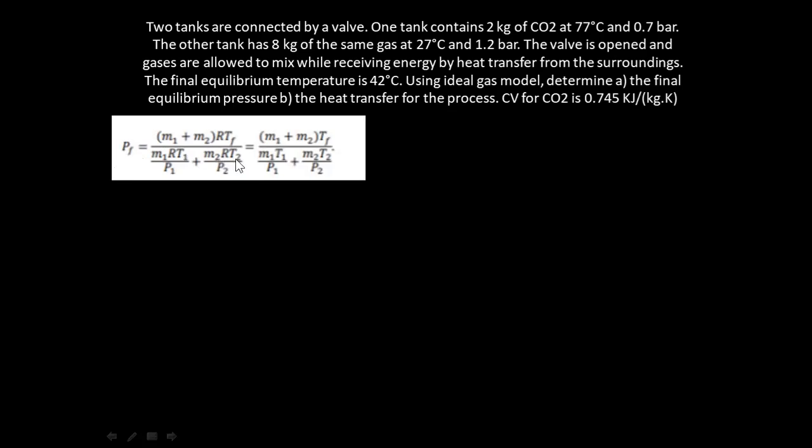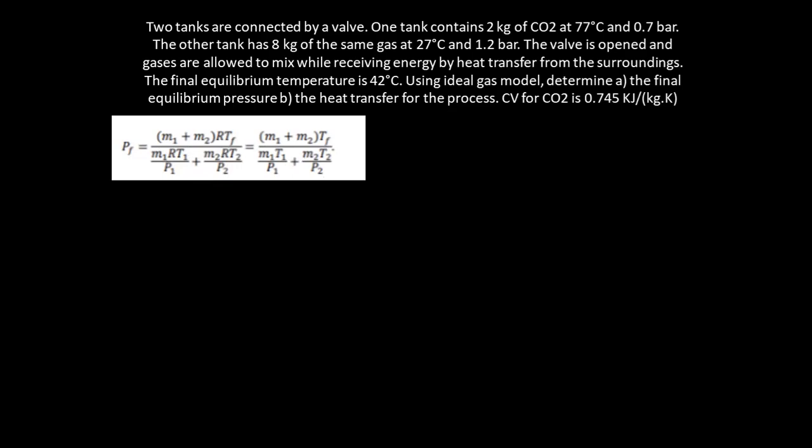Now, if we factor out the common variable R from the numerator and the denominator, the gas constants cancel out, giving us the following form: (m1 plus m2) multiplied by TF, all over m1 T1 over P1 plus m2 T2 over P2.